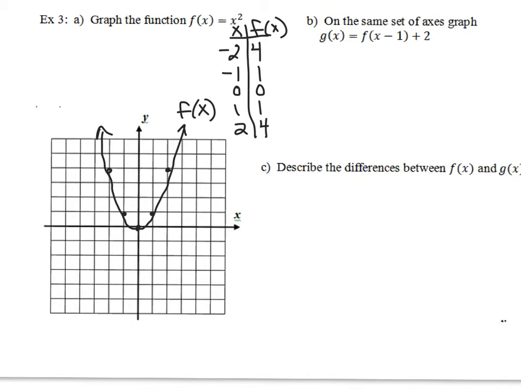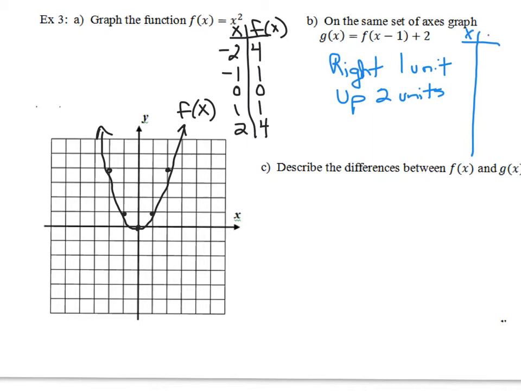G of x should be the translation of f of x by moving to the right 1 unit and then up 2 units. So I can do that to my table of values as well. I'm going to take every x coordinate and move to the right 1, so I'm going to add 1 to the x coordinate.